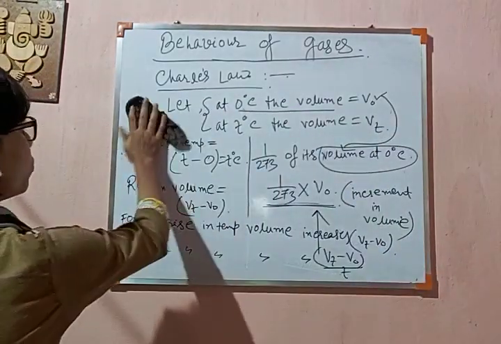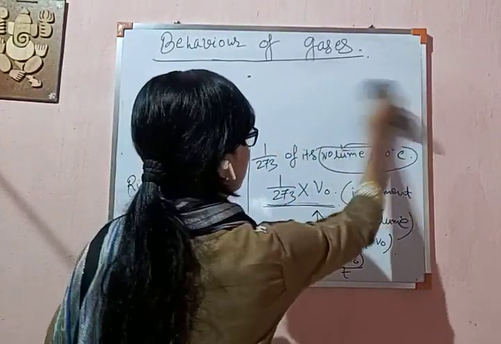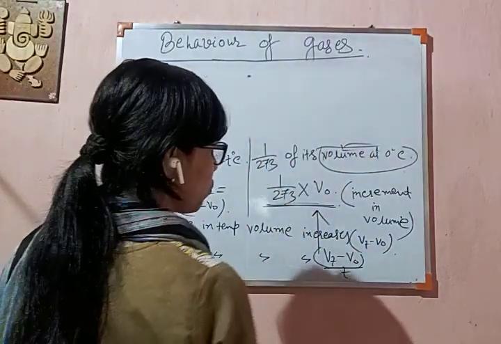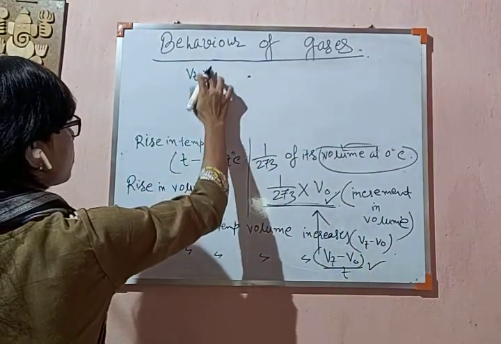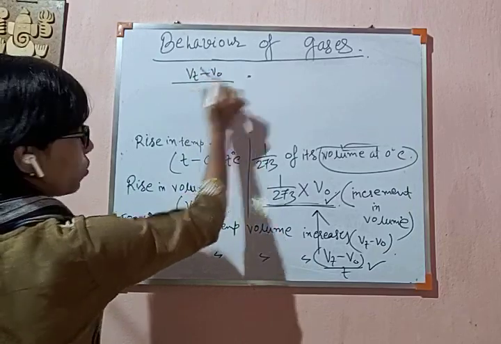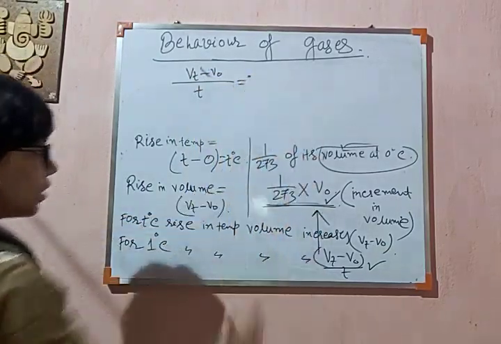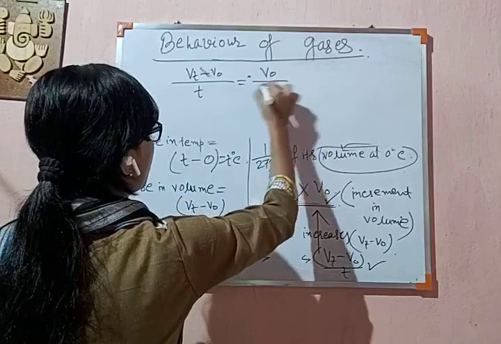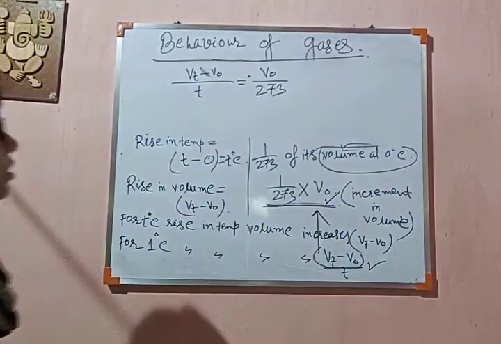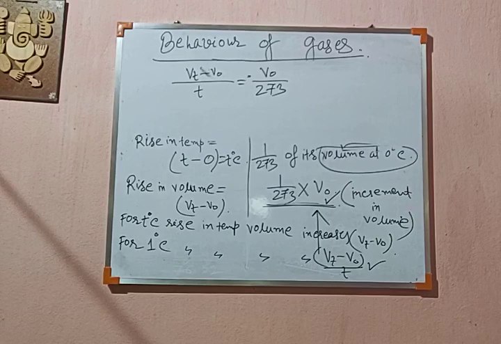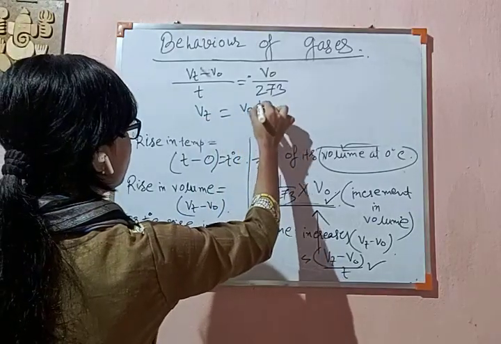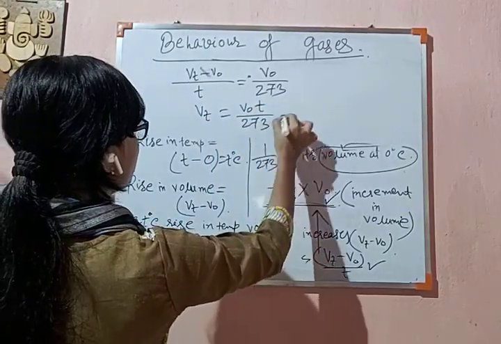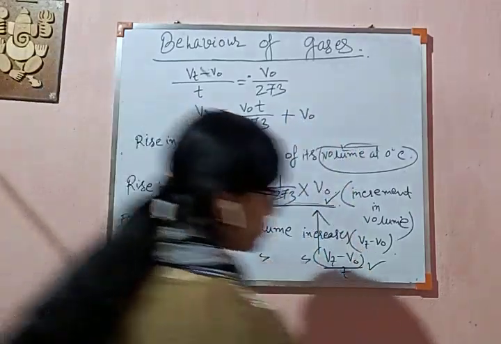Next, equate these two. Vt minus V0 by T equals V0 by 273. So Vt equals V0 into T by 273 plus V0.